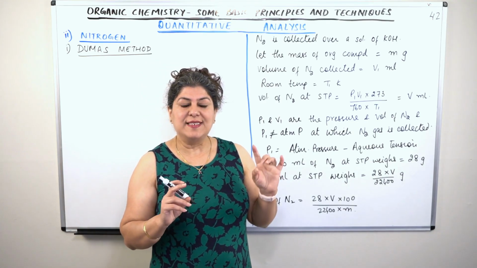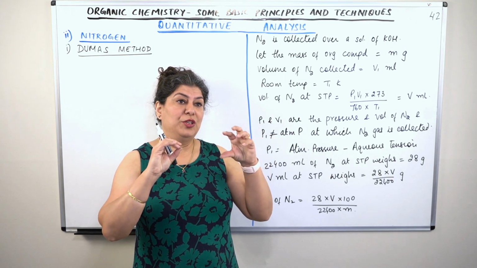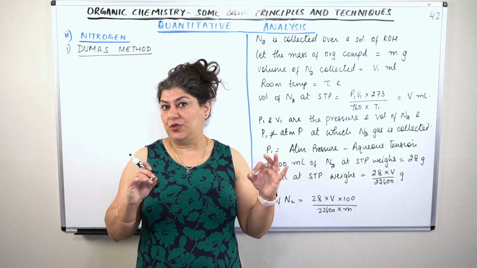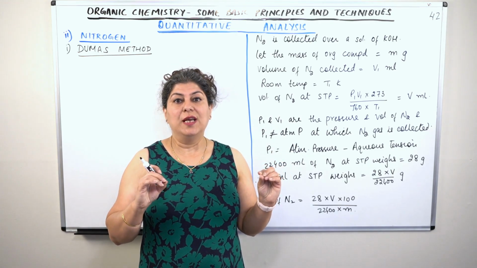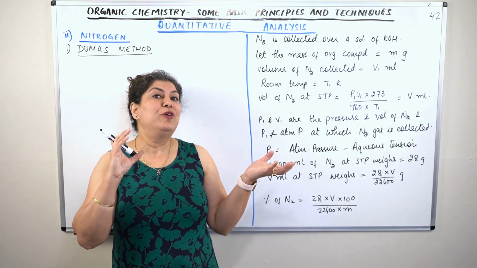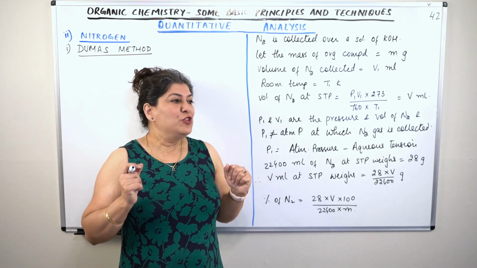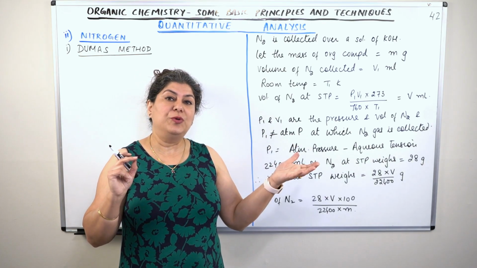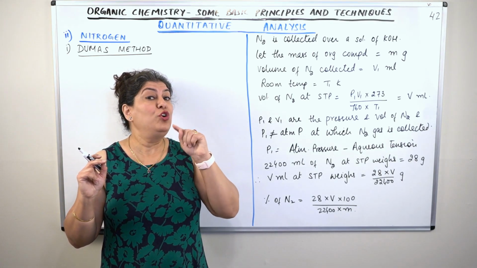We know the mole concept, and if you relate it to the molar volumes and the molar masses, 22.4 liters of any gas at standard temperature pressure conditions weighs equal to its molar mass. So 22.4 liters or 22400 milliliters of nitrogen at standard temperature pressure conditions would weigh how much?